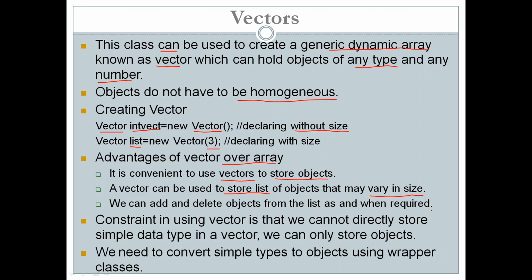But in a vector we can store objects of any size and even any type. One object may be of type Integer, another may be of type int, and one more object of type long. Doesn't matter in a vector. So whenever you want to store objects of different types, you can go for vectors.